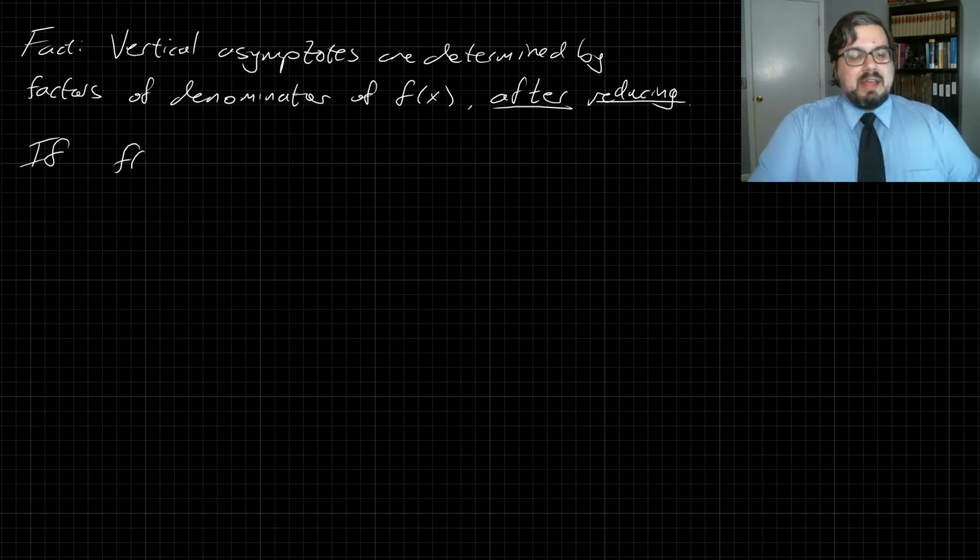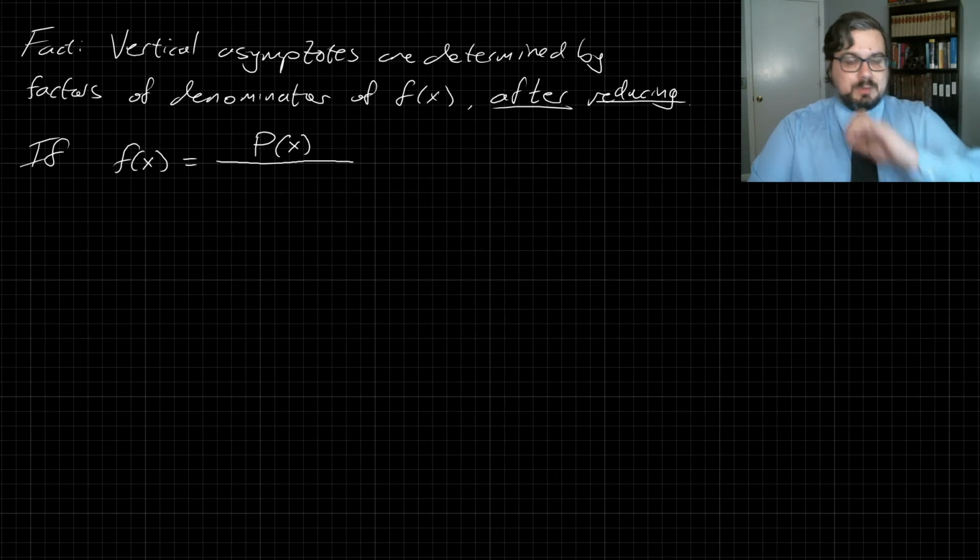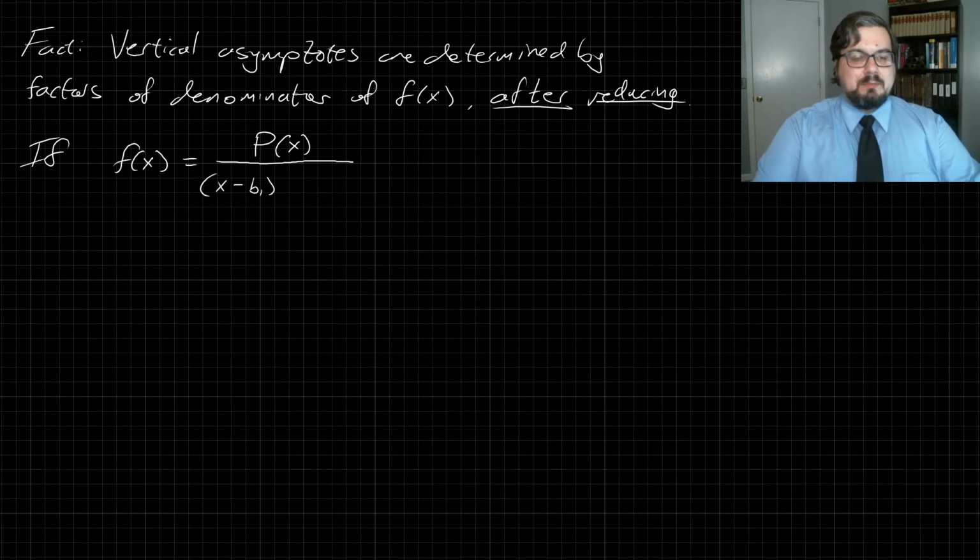if we write f of x as some numerator p of x, and we don't have to worry much about this, and then we've got our denominator, x1 minus b1 to the n1, ..., xk minus bk to the nk.